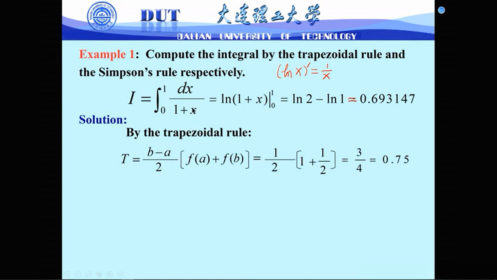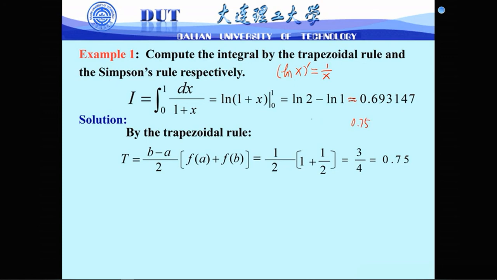When x equals 1, it should be 1 over 2. That is very easy. We know the result is 3 over 4, right? 3 over 4, it is 0.75.